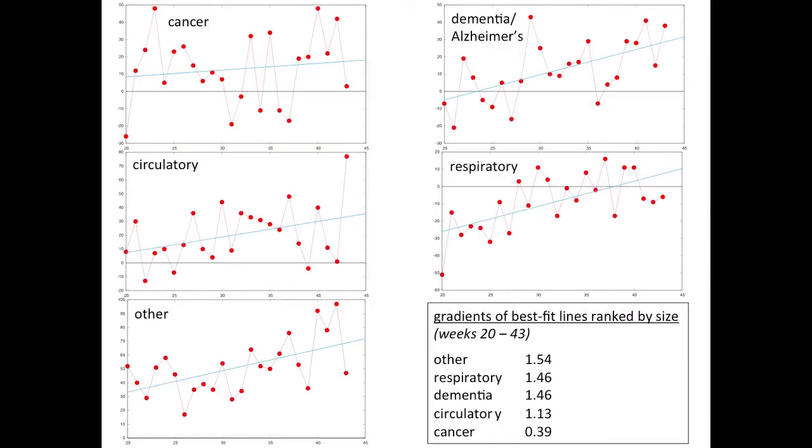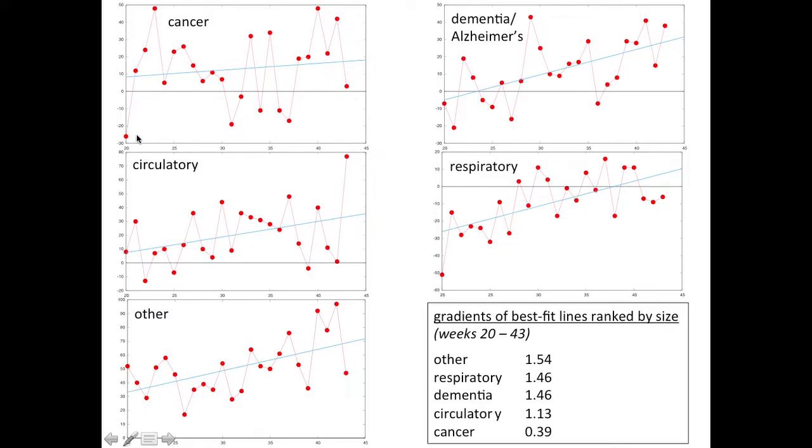Now what we can also do is go to the individual causes of death. Remember, there are 5 categories that the Scottish Government places non-COVID deaths into. They're cancer, dementia, Alzheimer's, heart disease and stroke, lung diseases, and then this category other, which would be a miscellany of other diseases, but also things like accidents and suicides, homicides, and so on and so forth.